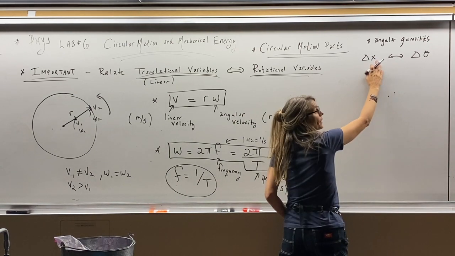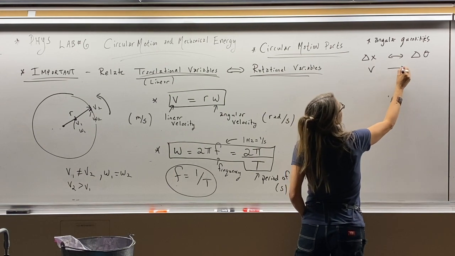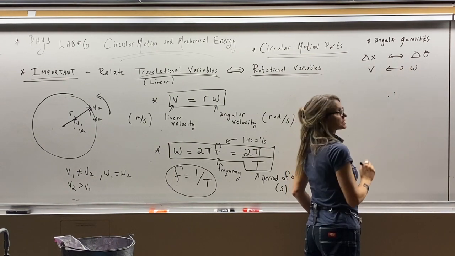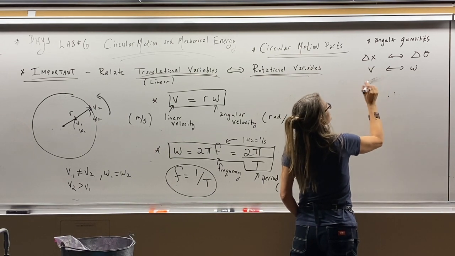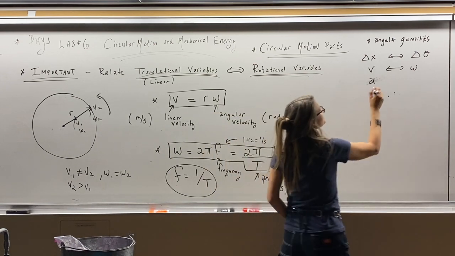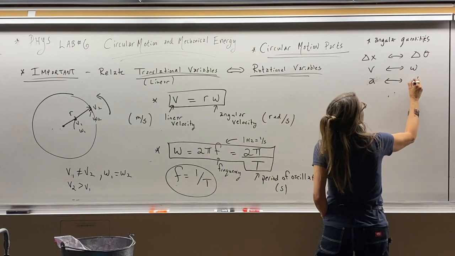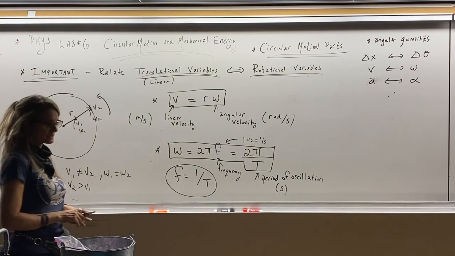Instead of v for velocity, we would use omega, or angular speed. And instead of straight acceleration, we would use alpha, angular acceleration. Okay, so we'll get to those details, but these are the main ones that you need to use.